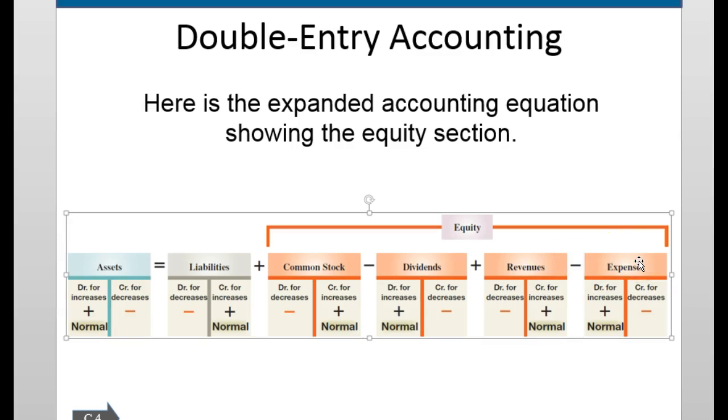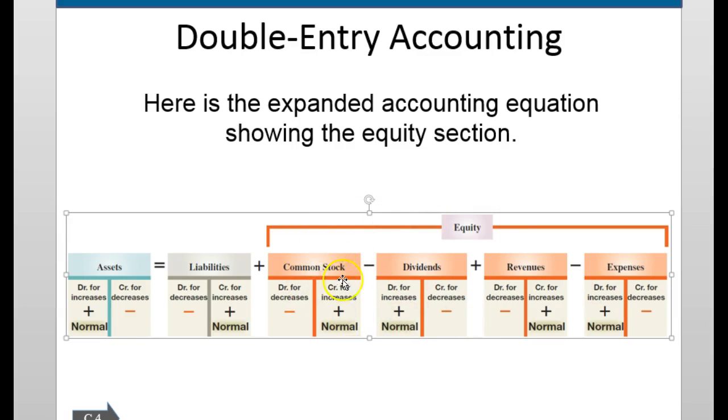because expenses are subtracted from revenues. The opposite is true: expenses increase with a debit and decrease with a credit. Same thing here with the dividends, to understand common stock and revenues.